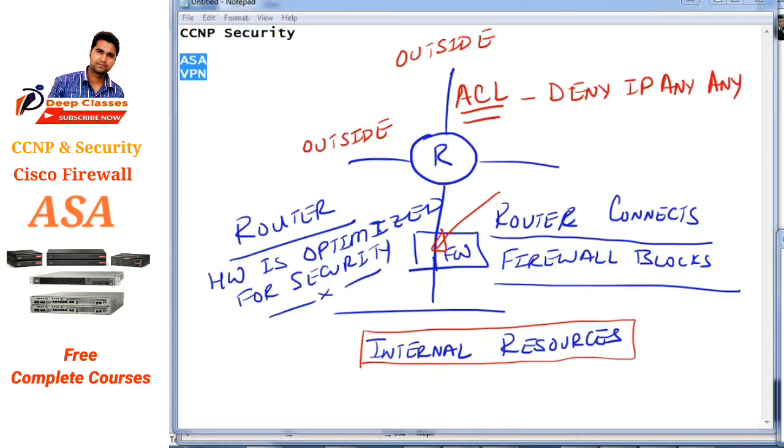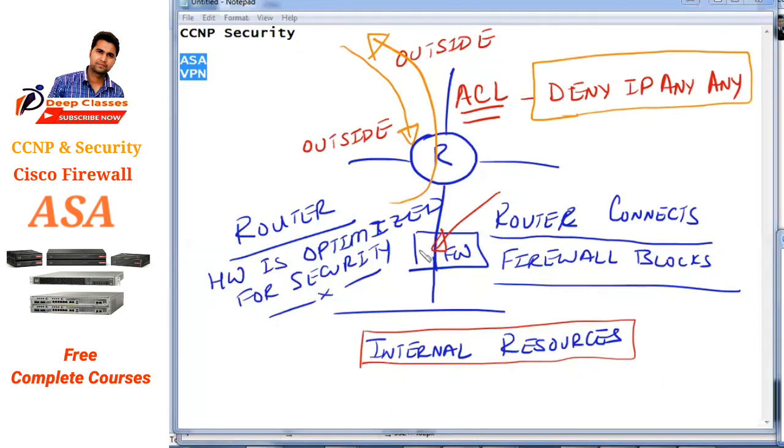Now the problem with that ACL is when my traffic goes out from inside to outside and it tries to come back in, isn't it going to be denied by your ACL? Because that's also coming from outside to inside. Yeah, it's return traffic, but the ACL does not know it's return traffic.